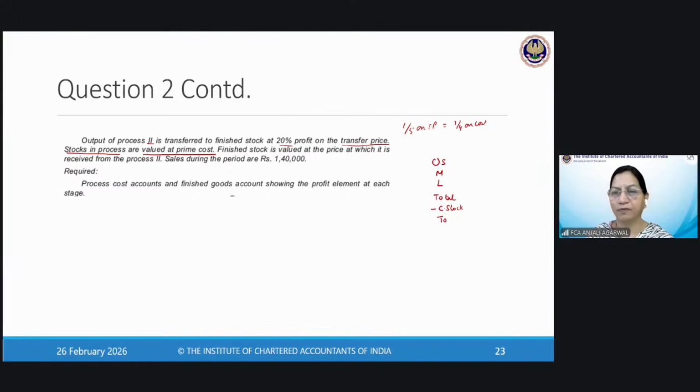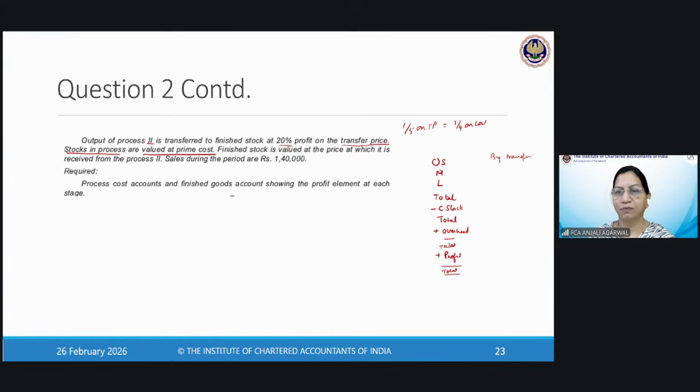Again a column of total, plus overheads, again a column of total, and then plus profit, and again a column of total. And this total will match the transfer to next process or finished goods account.